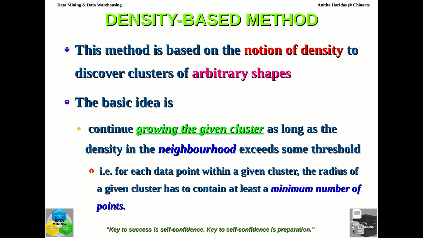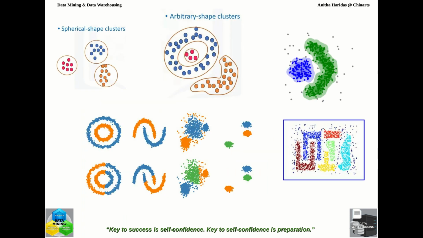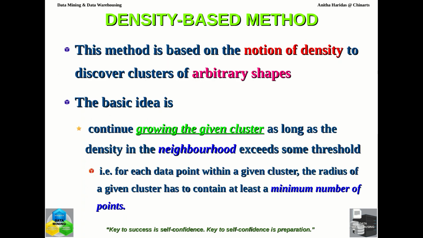This is the measure that we will be using to find out whether a data point can be added in a particular cluster. So that is, for each data point within a given cluster, the radius of the given cluster has to contain at least a minimum number of points.